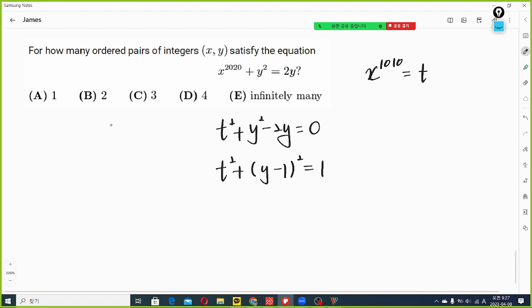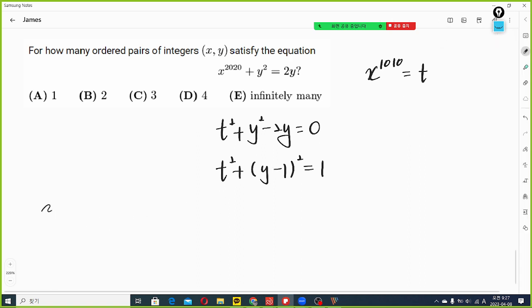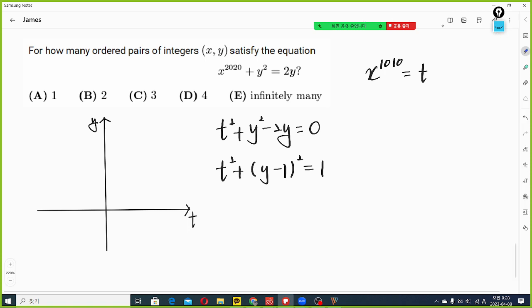So if we make the graph of the circle, we have this graph.